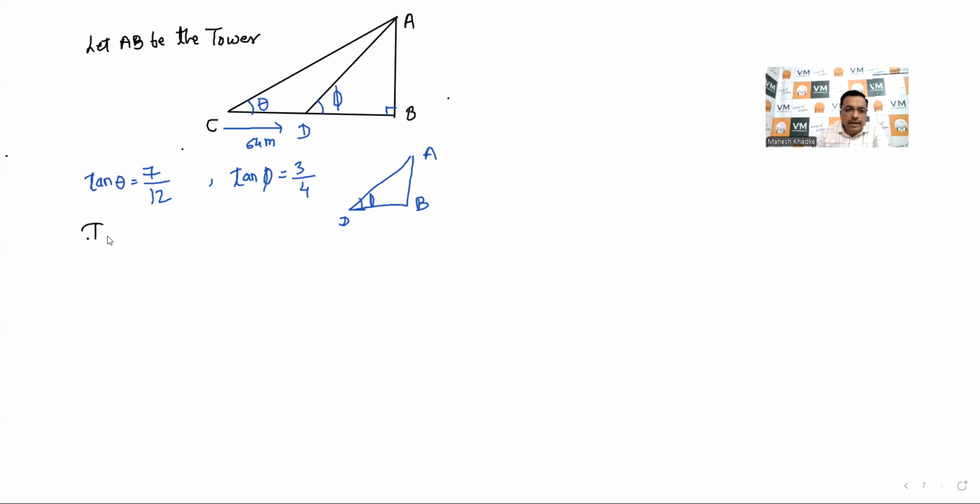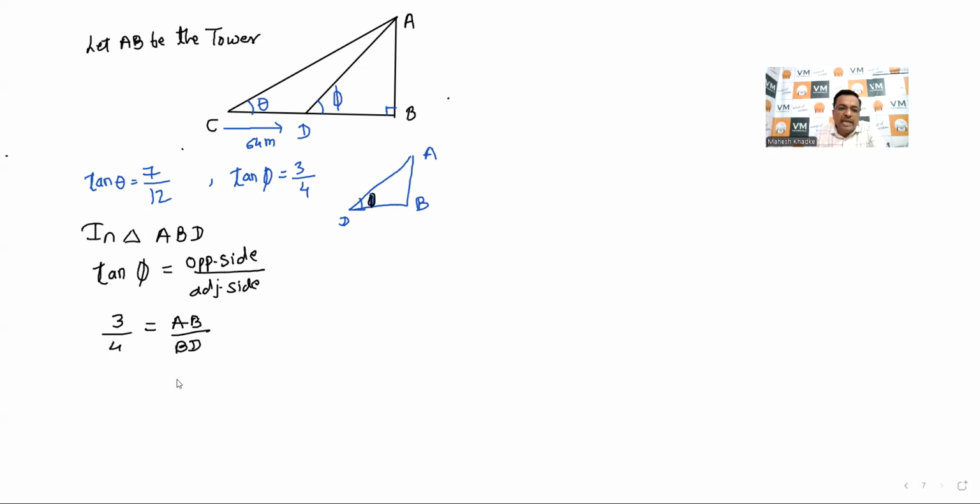So just write in triangle. Whenever there are a number of triangles, we have to write which triangle we are taking. In triangle ABD, tan phi is equal to opposite side upon adjacent side. Let me write it, many people forget. The value of tan phi is given as 3 by 4. Opposite side is AB, adjacent side is BD.